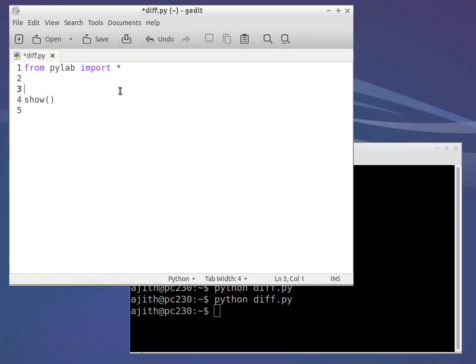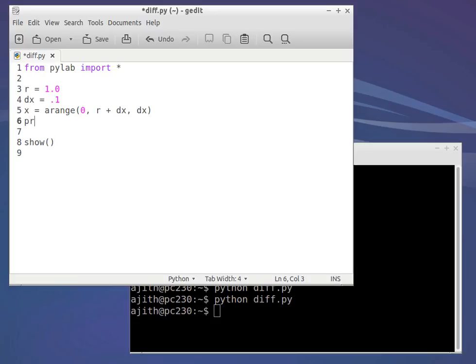So here we come and we start writing our radius is equal to 1, and our dx we are taking it as 0.1, and then again we have to make an array of x is equal to a range, say 0 to r plus dx, and dx.